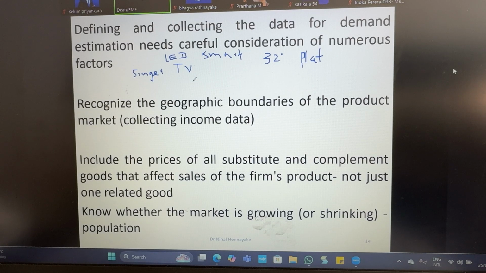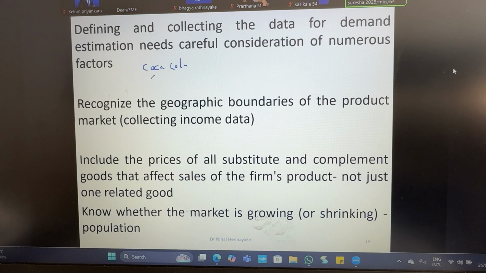So another example, I want to estimate the demand for Coca-Cola. Okay, so did I define it very clearly? Excuse me, sir.